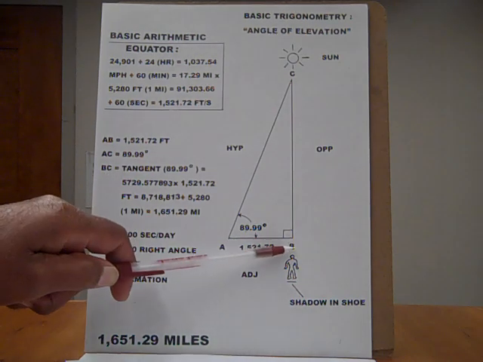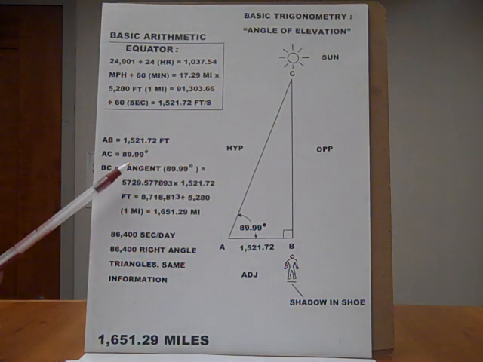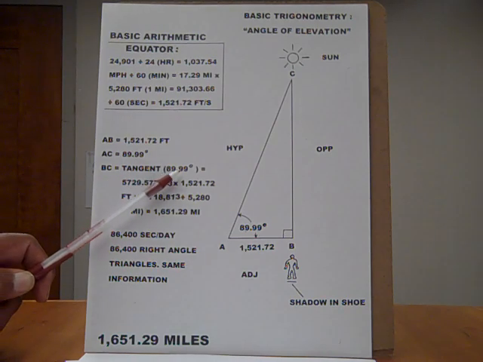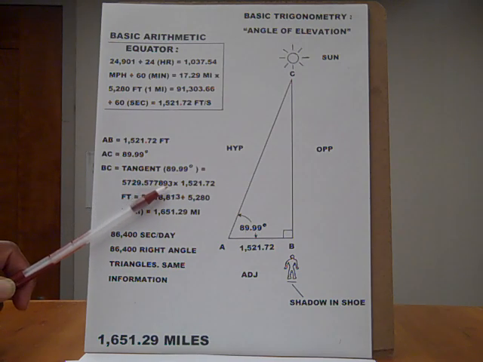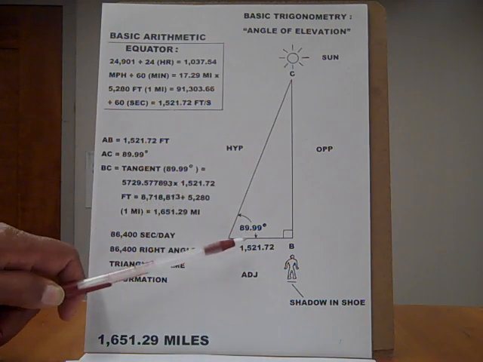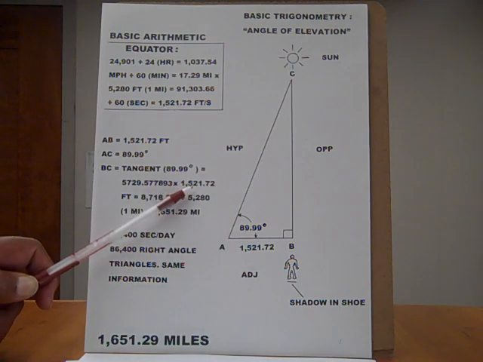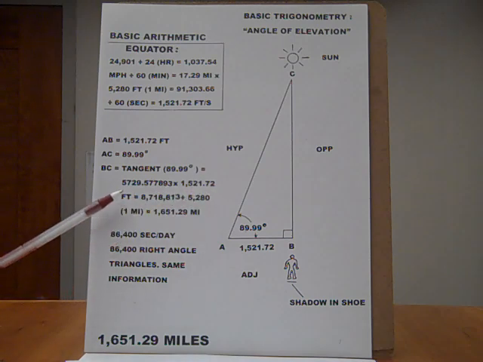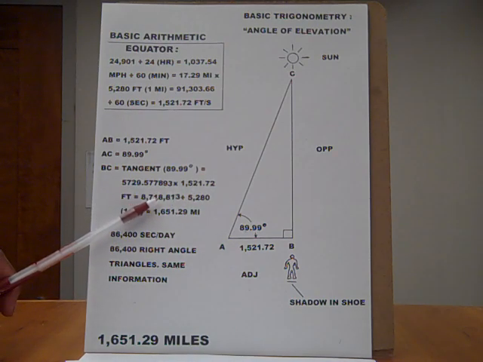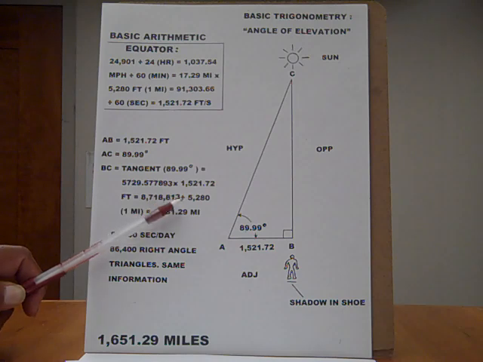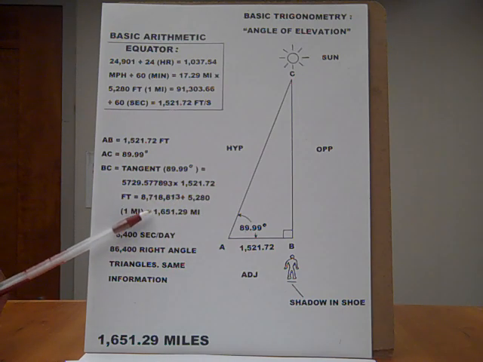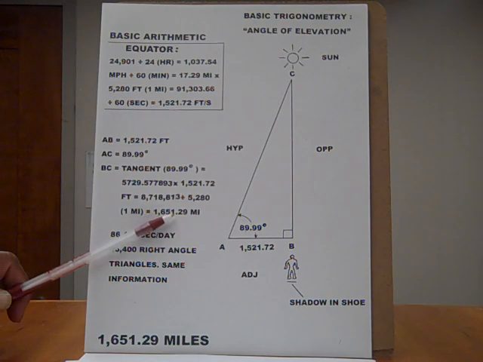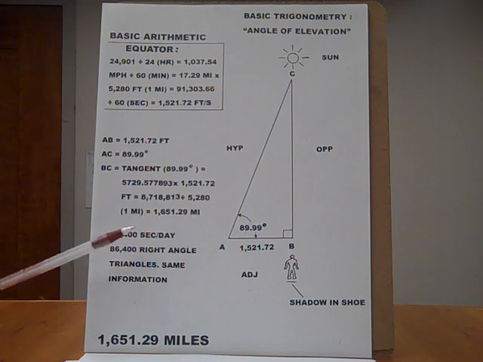B to C is the tangent of 89.99 degrees, which equals 5,729.577893 times 1,521.72 feet, which equals 8,718,813, divided by 5,280, which is 1 mile, which equals 1,651.29 miles above the surface of the earth.